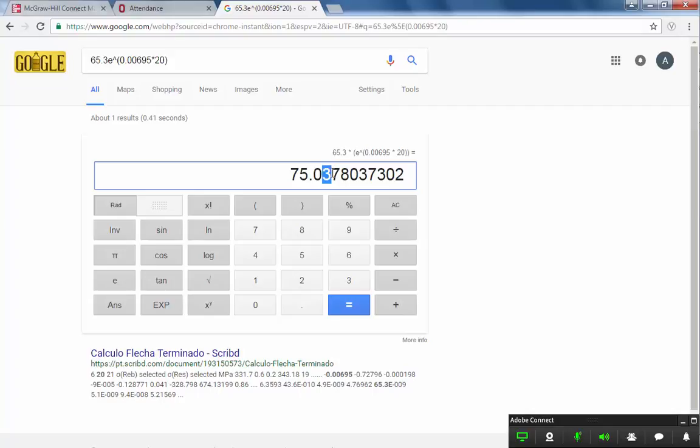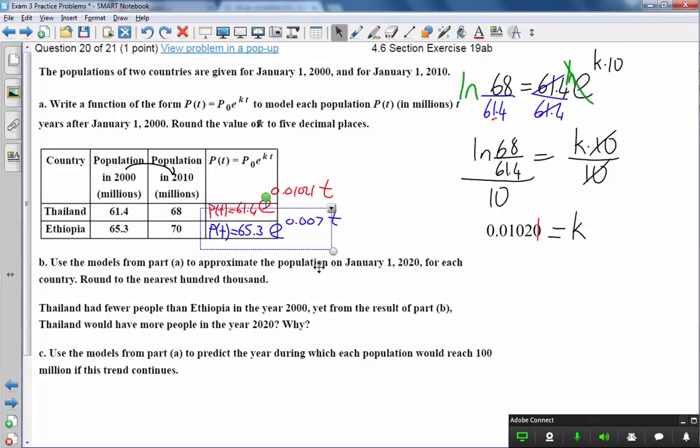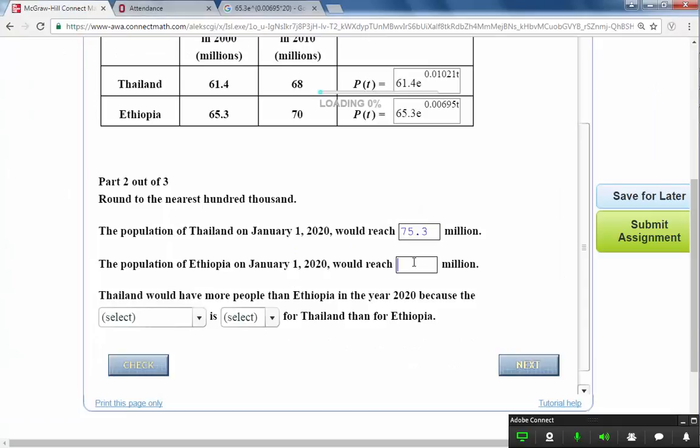Because this is 3, we round it down, 75 million even. Alright. And who has more people? Thailand, of course, 75.3, it has more. Why is this happening? Thailand was behind Ethiopia in 2010. How did they pass each other? Growth rate. Yeah, the growth rate is greater, that's why.